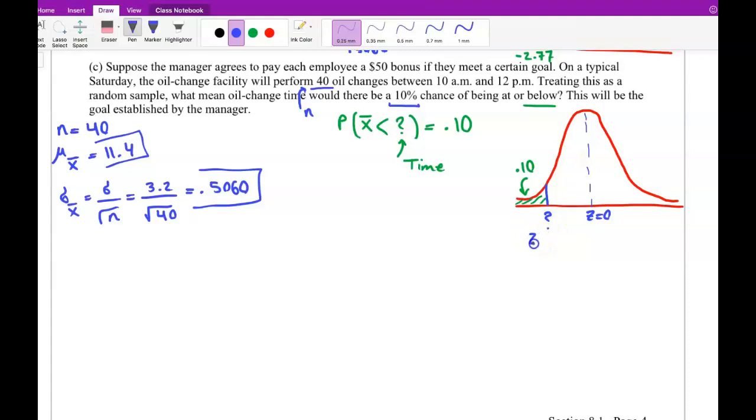So z is equal to negative 1.28 when the area, probability, or proportion is 10%.